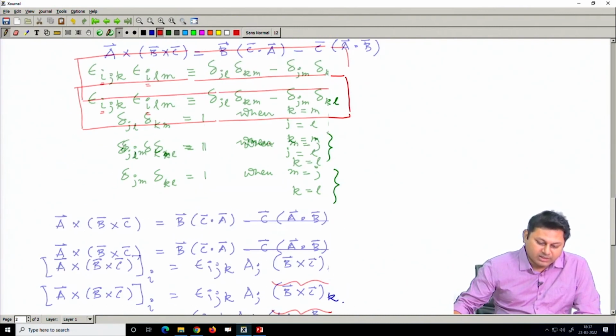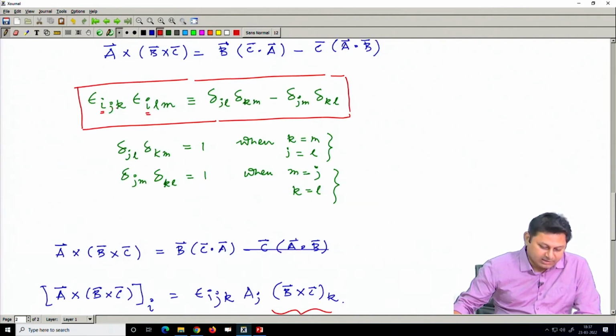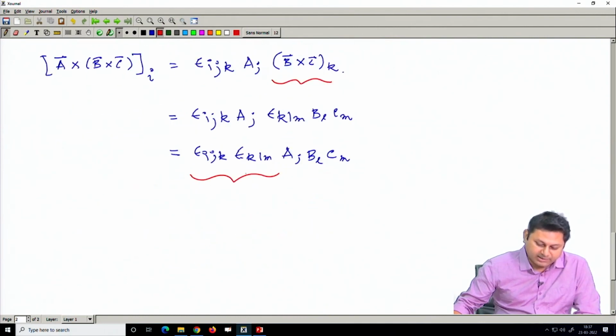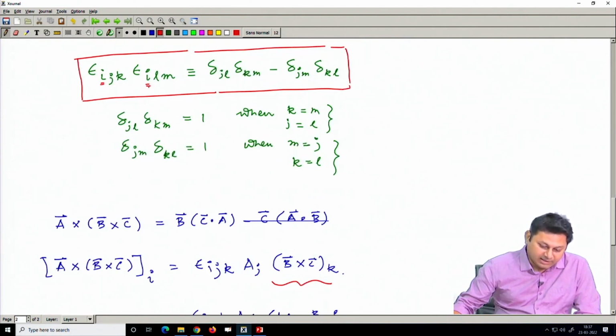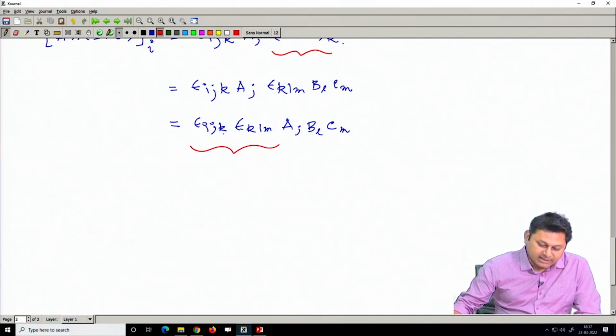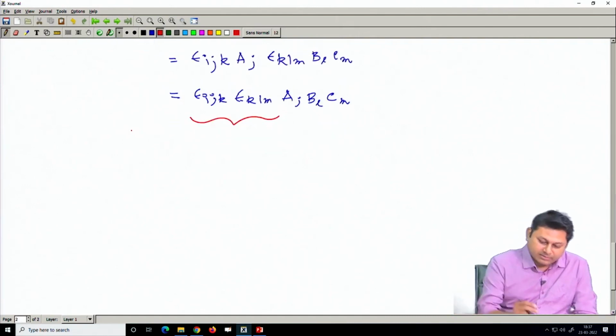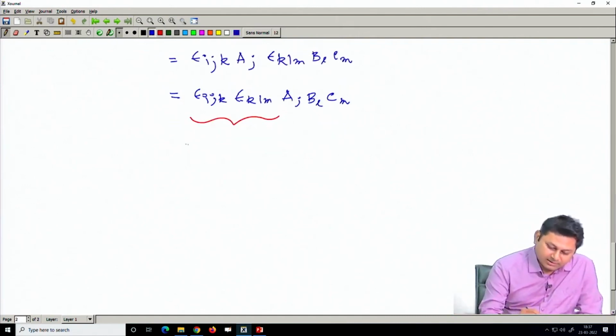Now, you can see that I am having the quantity epsilon I j k epsilon k L M, which I already defined earlier as epsilon I j k epsilon I L M, but here it is I j k and k L M. So, here I is sitting here, but k is the common term sitting here and here. So, I need to make it symmetric.